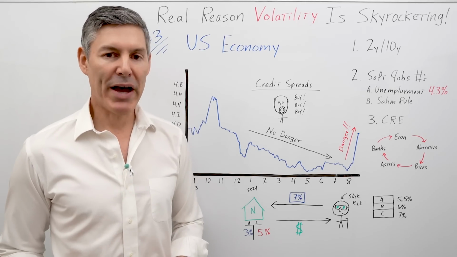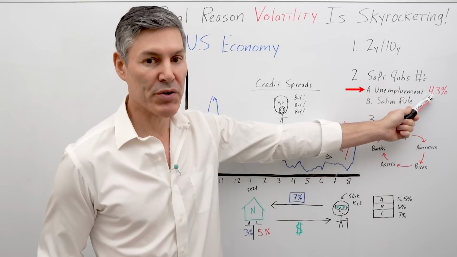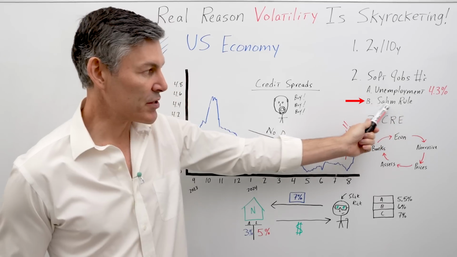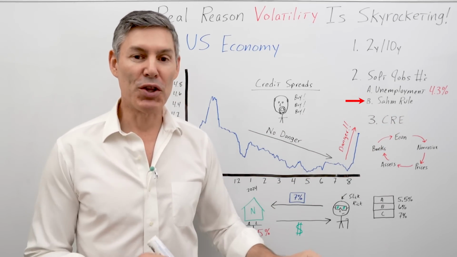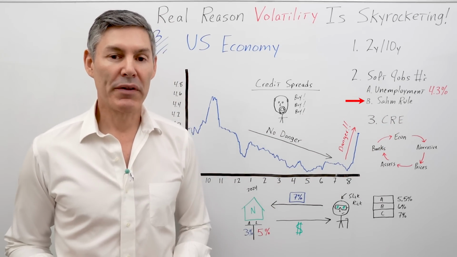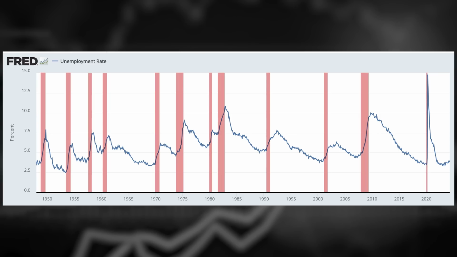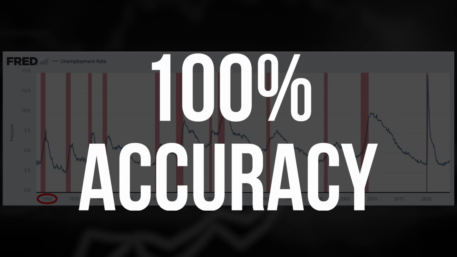When we got that bad jobs number, let's remember the unemployment rate went from 4.1% up to 4.3%, which triggered the SOM rule. And for those of you who may be new to the channel, the SOM rule is an indicator that has predicted every single recession going back to the 1950s with 100% accuracy.